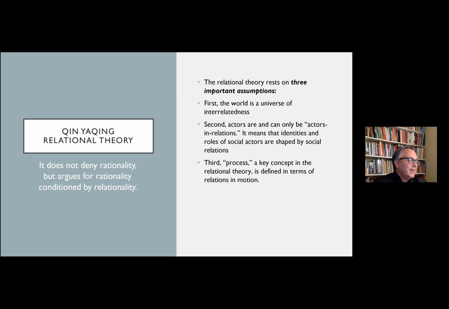So there are no independent actors that are operating by themselves. Really, the Chinese view of the social world is as ripples in a lake, interconnected with one another and forming concentric circles.